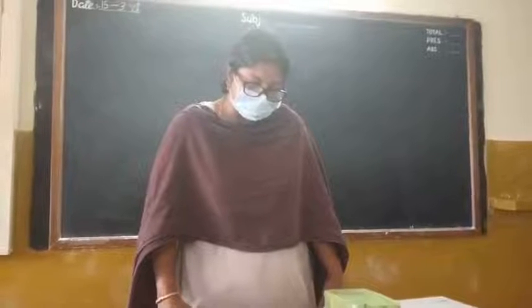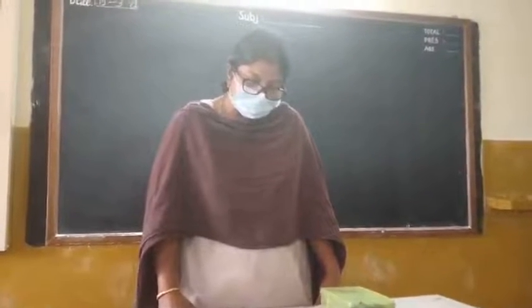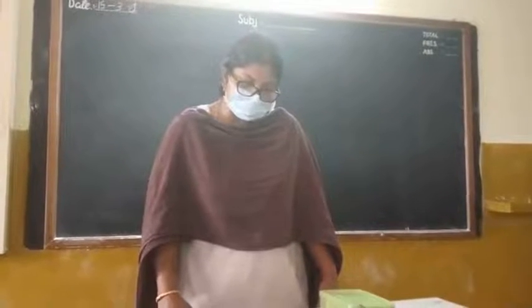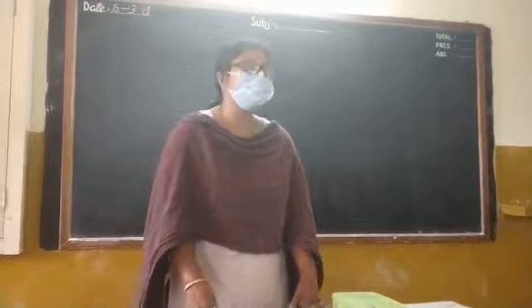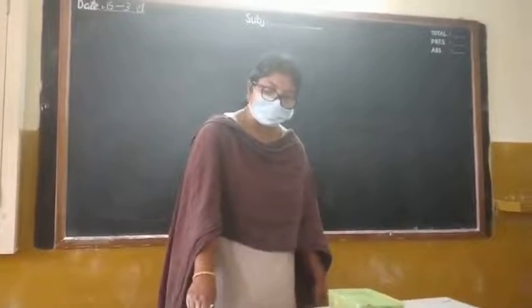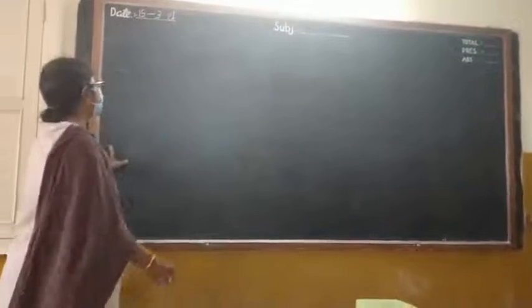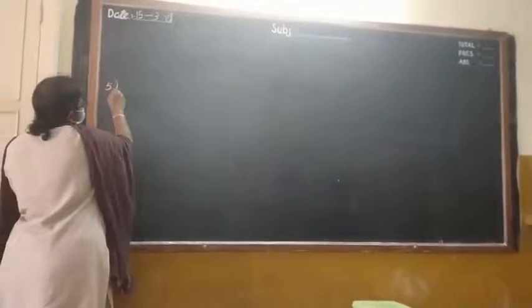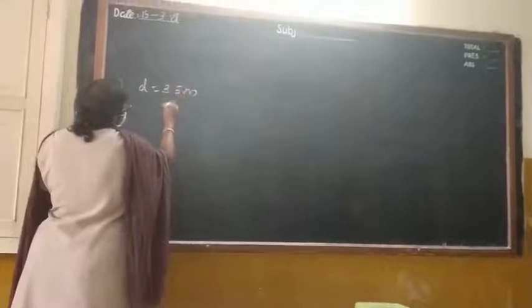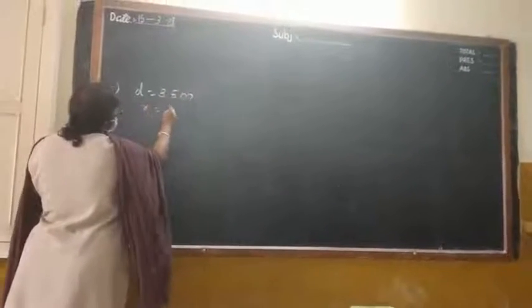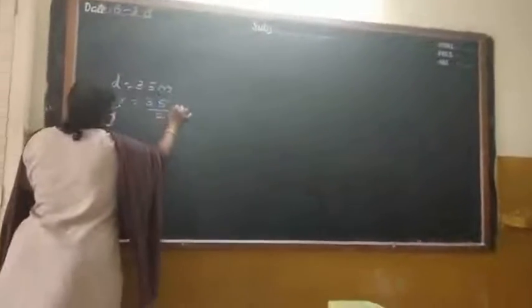The conical tank has top diameter 3.5 and is 12 meter deep. What is the capacity in kiloliters? So diameter is given 3.5 and height is given 12 meters. So R will be equal to 3.5 by 2 you can take. Okay.